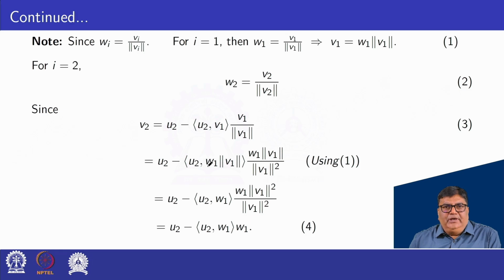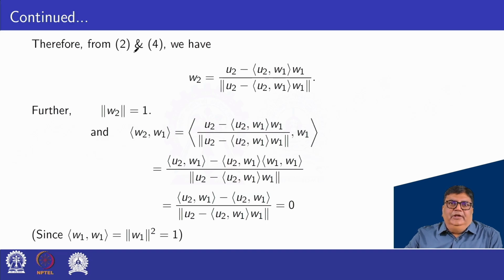So u2 minus inner product of u2 and w1 into norm of v1 squared upon norm of v1 squared. That is, norm of v1 squared and norm of v1 squared cancel out. So v2 is equal to u2 minus inner product of u2 and w1 into w1. So v2 can be written in terms of w1 like this.